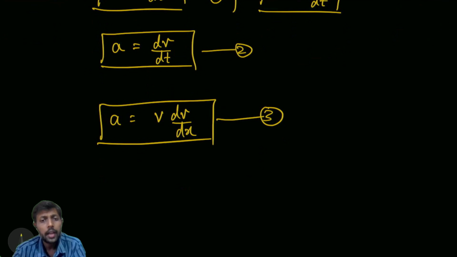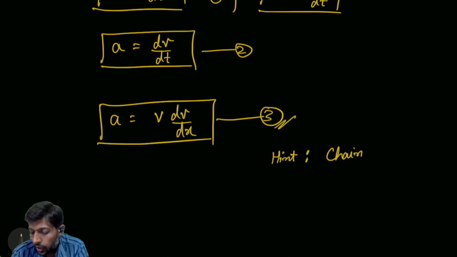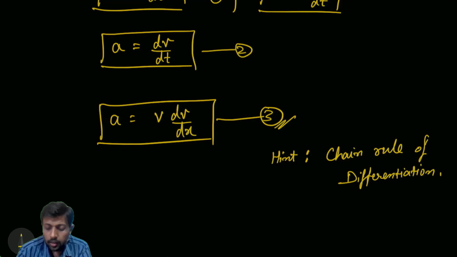Okay. So we are going to derive the third relation from the second relation. Here's your hint. You can try it once on your own. Chain rule of differentiation. This can take you from equation 2 to equation 3.